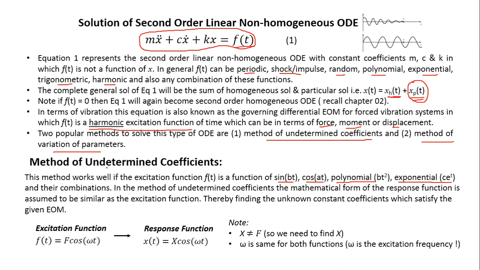So this method will work very well if this F(t) is any of these functions: sine, cos, a polynomial of some degree, maybe exponential, and also their combinations. Okay, so you can have something like this as well.